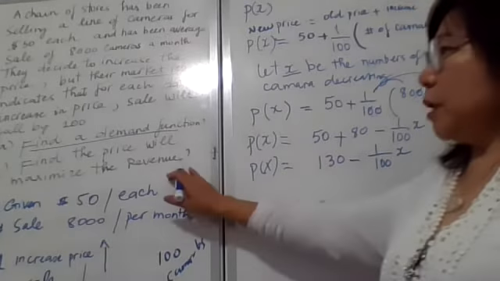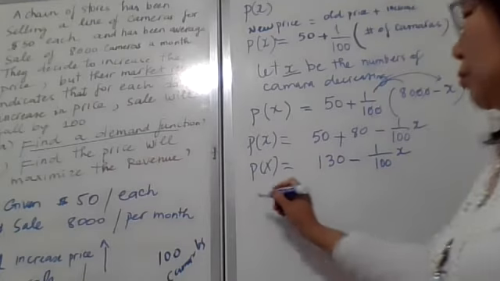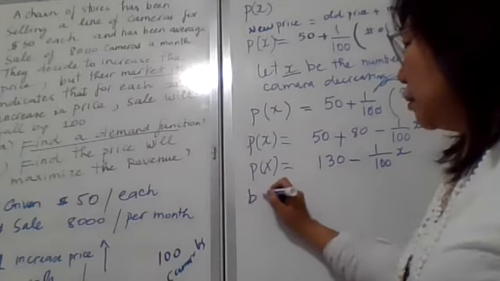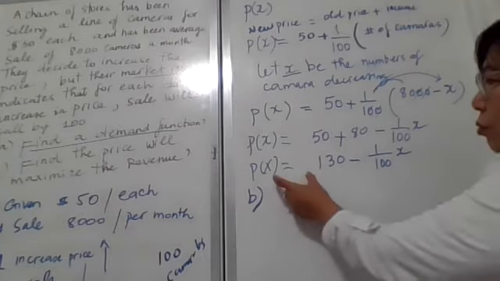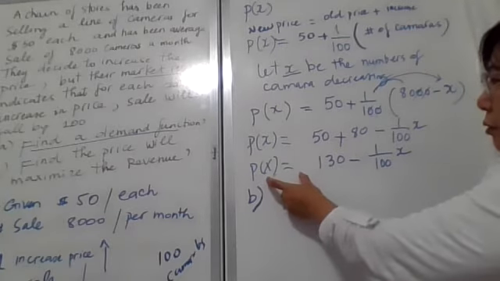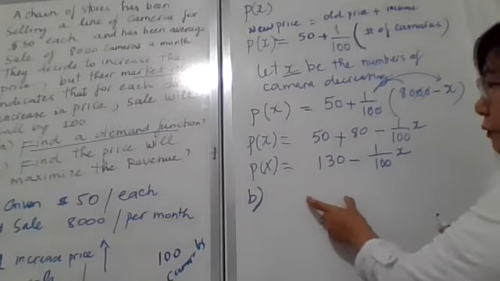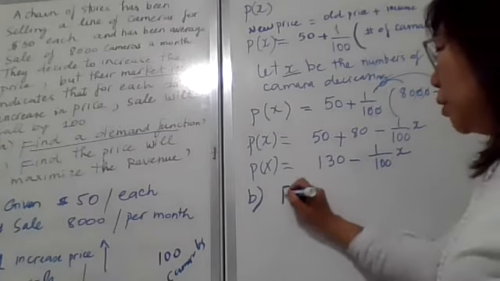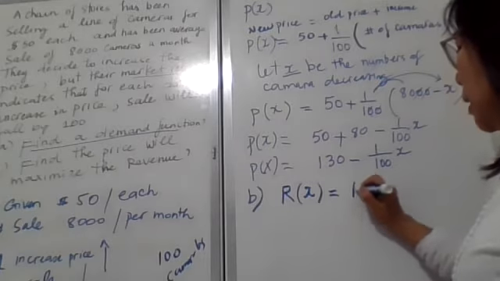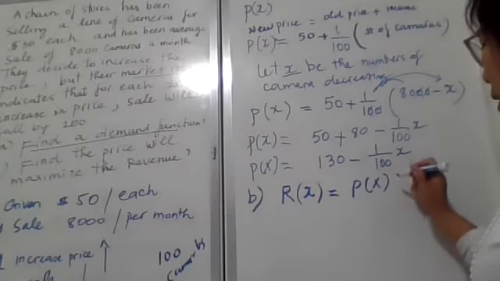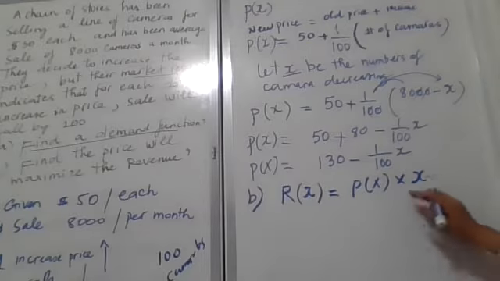Now, to find the price that will maximize the revenue, we can base on the demand function, the price function, to find the revenue, right? Remember the formula I told you before, revenue will be equal to Px, the price, times X, where X is the number of sales.